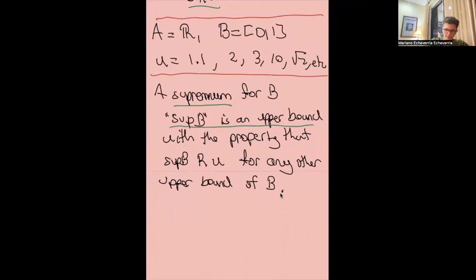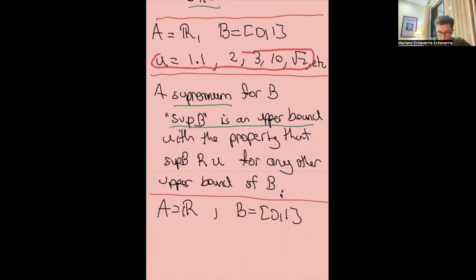Just to go back to this example, if you take A to be the real numbers and B to be 0, 1, we already mentioned a bunch of upper bounds. All of these numbers are upper bounds. The supremum is the smallest of these that work. So what's the smallest upper bound that works for this case?